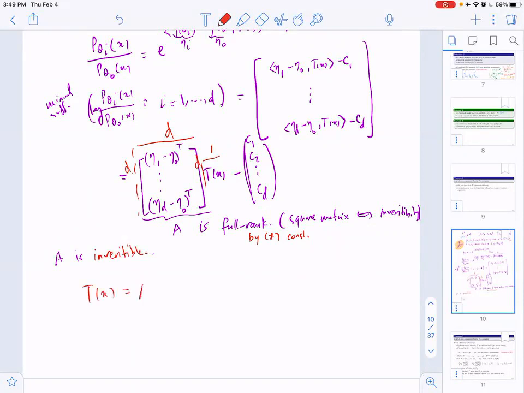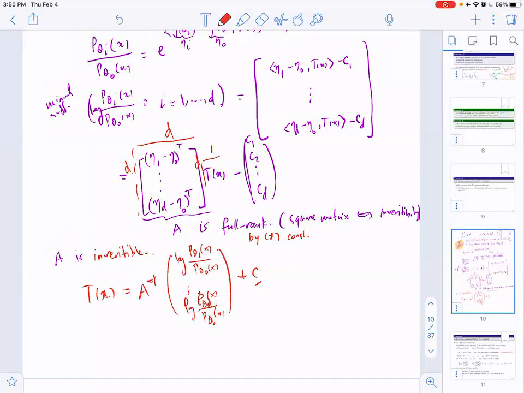So T can be written as A inverse times that vector, log p_theta_1 of x, plus C, basically. So T is sufficient, and it's also a function of the minimal sufficient statistic.